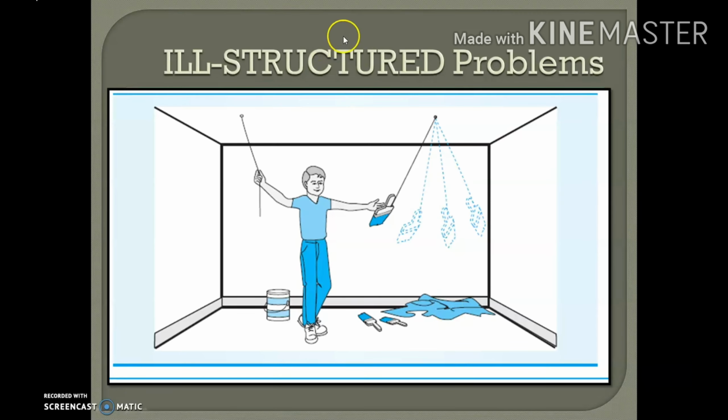So as I've mentioned earlier, ill-structured problems are pretty much subjective. It requires an insight. So as the string problem, let's solve the string problem. Many people assume that they must find a way to move themselves towards each string, and then bring the two strings together.